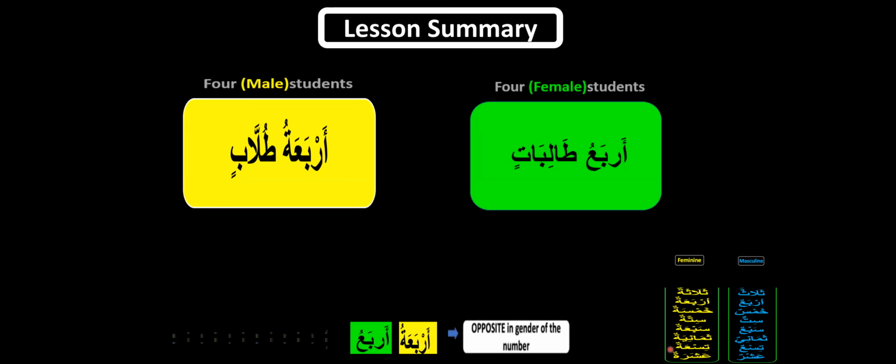So what is the lesson summary? Lesson summary is that when you are writing numbers in words, you see what you are counting. Whatever you are counting, you look at the singular of that word and then choose the number according to the gender of that singular word.